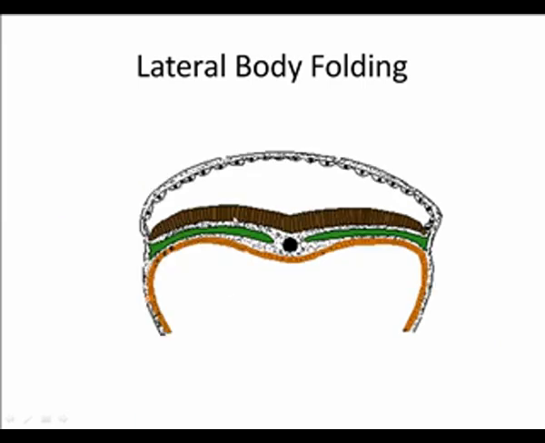So we're going to talk about the ectoderm in brown, the mesoderm in green, the notochord you can see here in the midline, and the endoderm in yellow. This would be the yolk sac, and this would be the amniotic cavity.